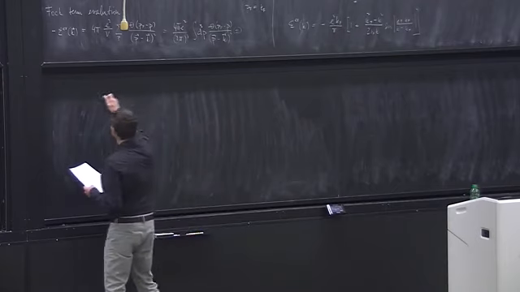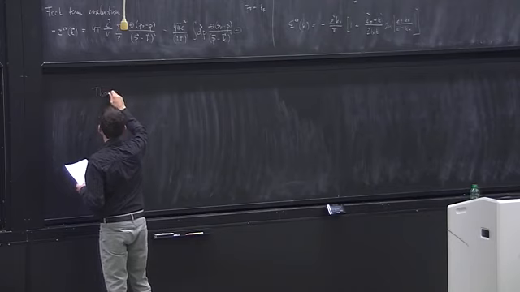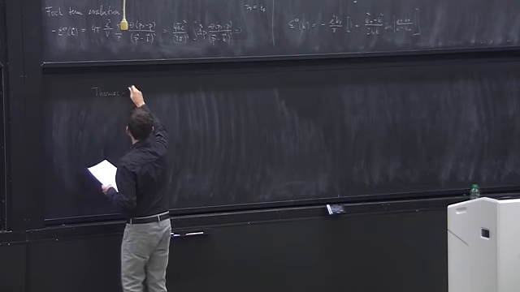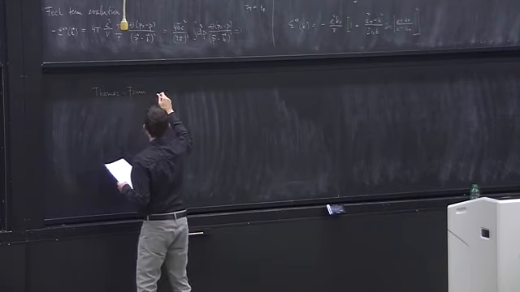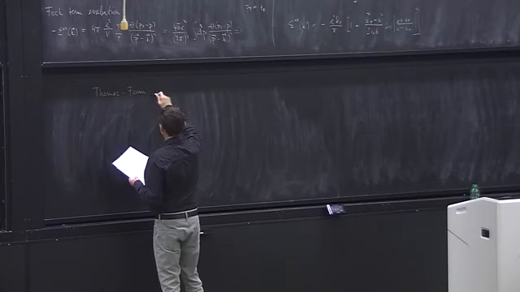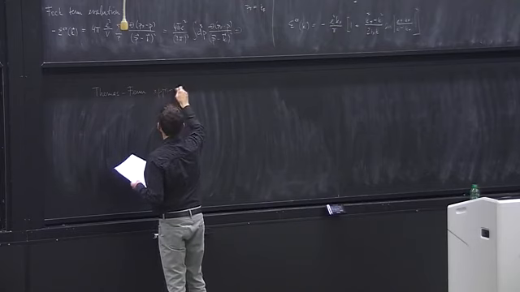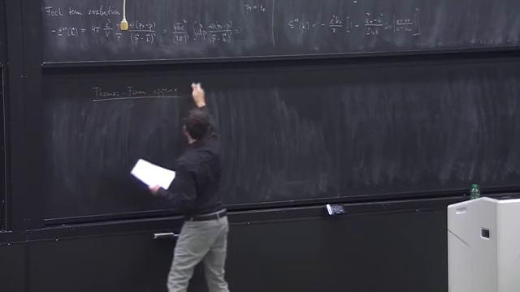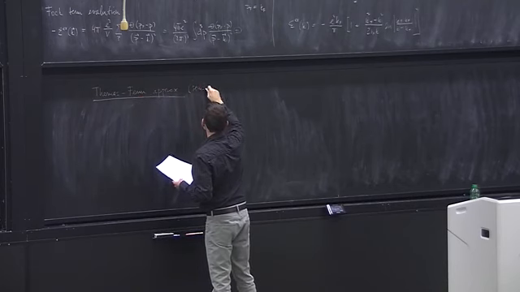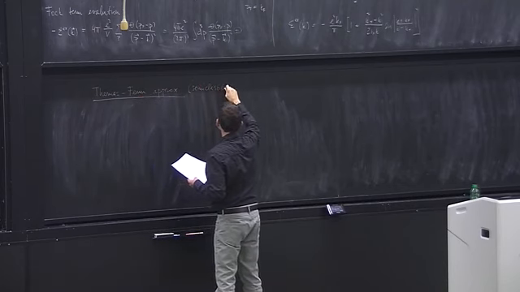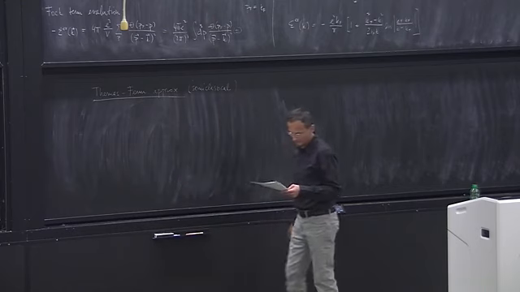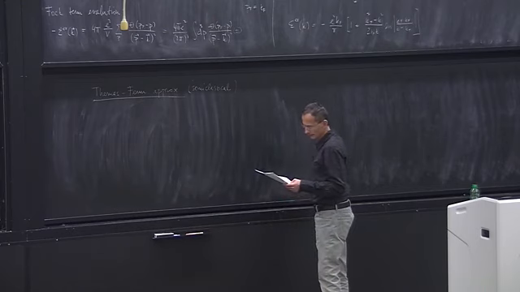So the first of these is the so-called Thomas-Fermi approximation. Sometimes also called semiclassical approximation, as we will see in a moment.